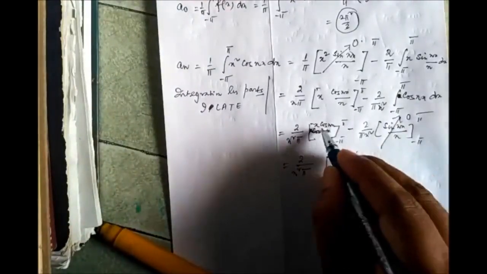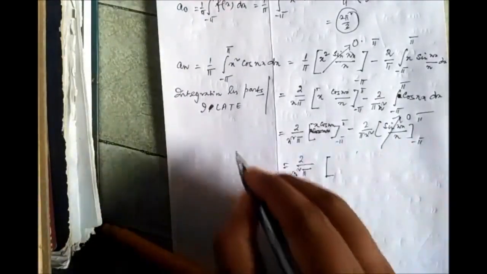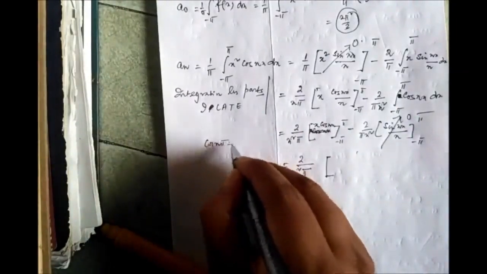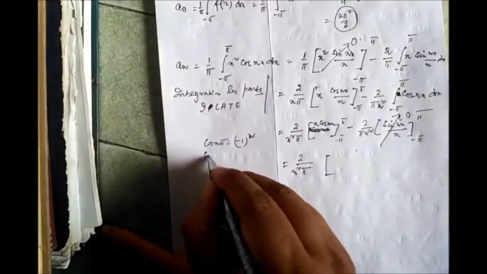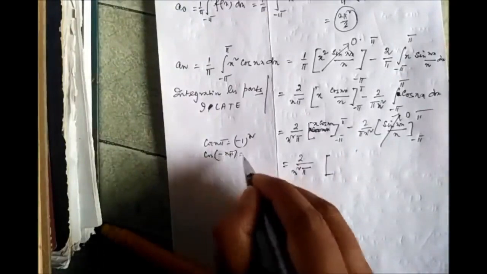So if you put the value of this cos nx, minus 1 to the power n, pi, again minus 1 to the power n, so this will be pi minus 1 to the power n minus of minus pi minus 1 to the power n.